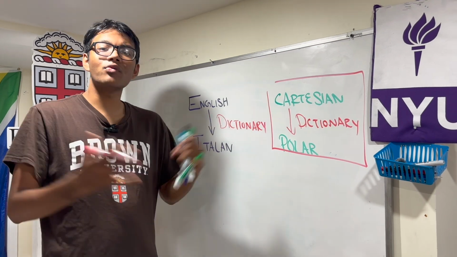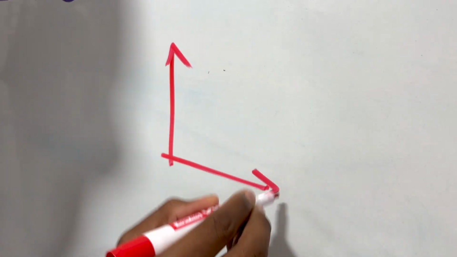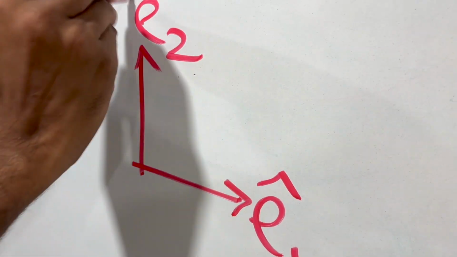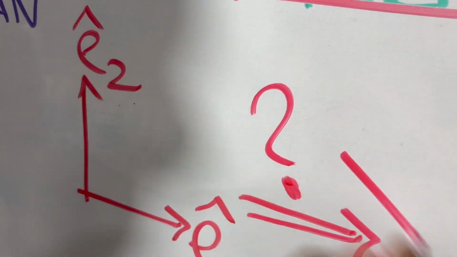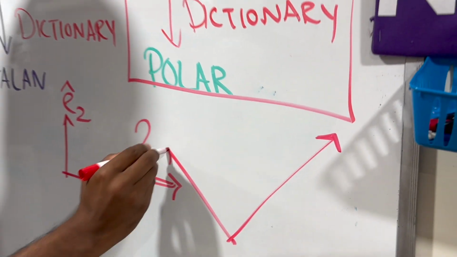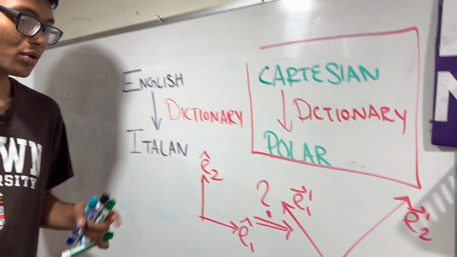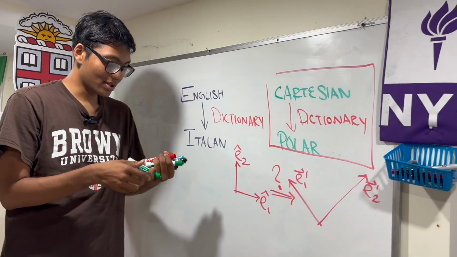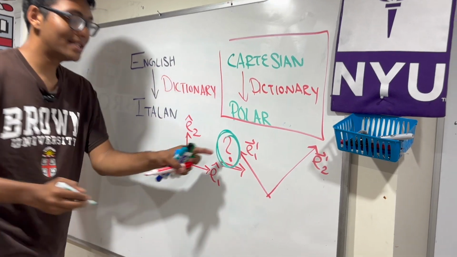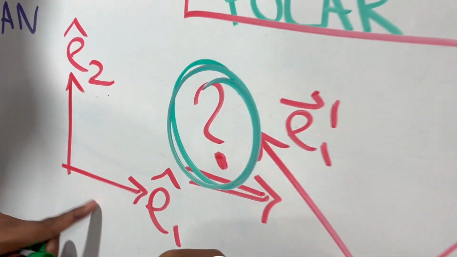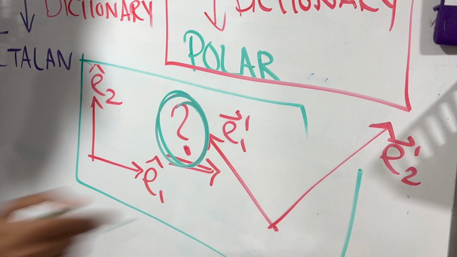What if someone hands you a random coordinate basis with original coordinate bases E1, E2, and they ask you to give them the dictionary that will take them to the new coordinate bases E1 prime, E2 prime? So the goal of this video is to figure out how to find the dictionary between two coordinate bases. That is the goal of today's lecture. So let's dive right in.